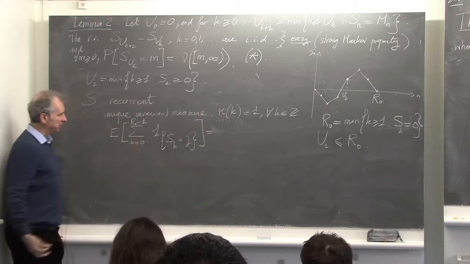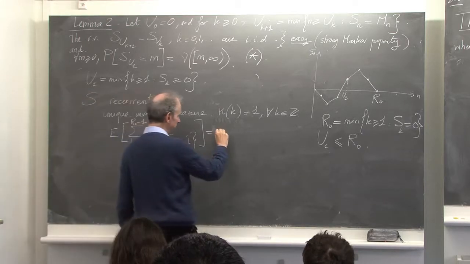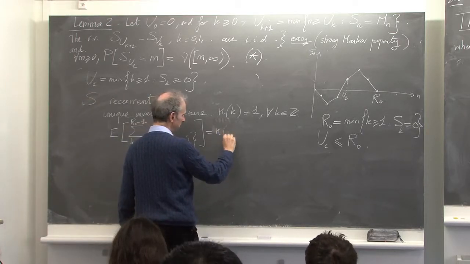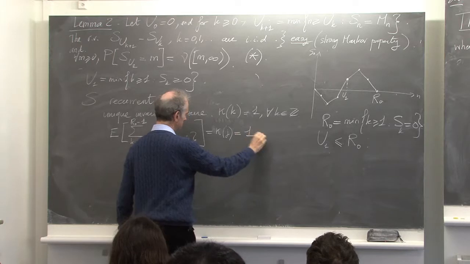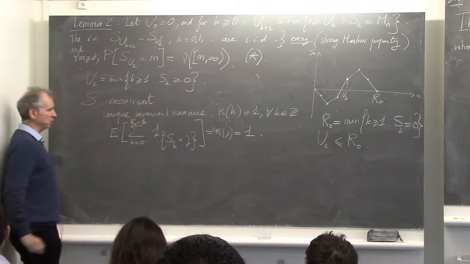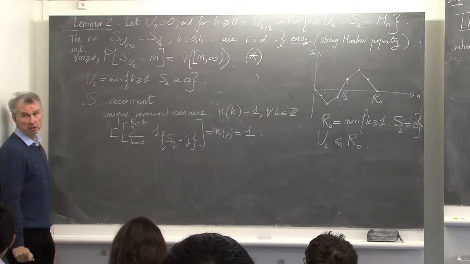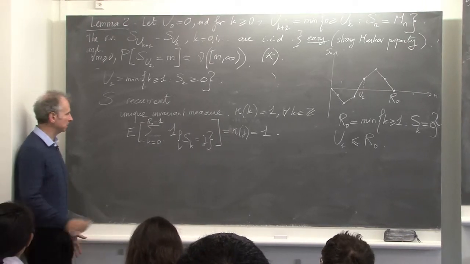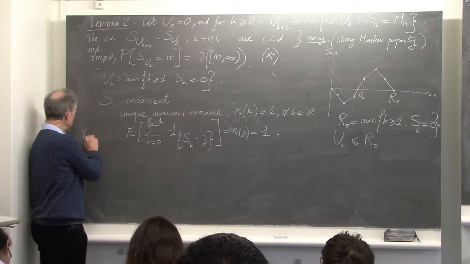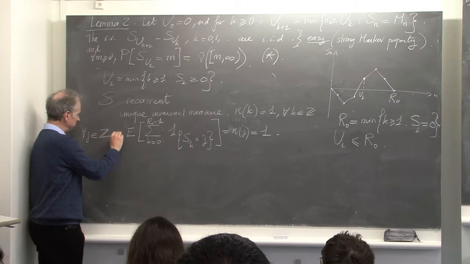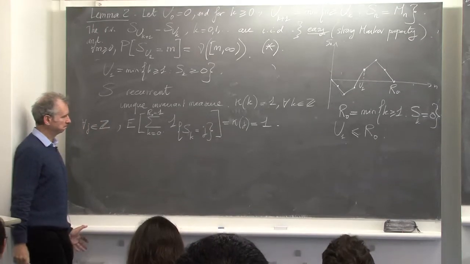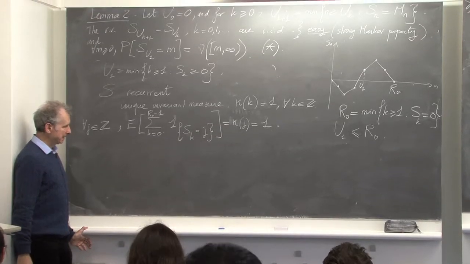This gives you always the invariant measure as a function of j. And here we know the invariant measure: it's the constant counting measure. So this is true for any j belonging to Z.